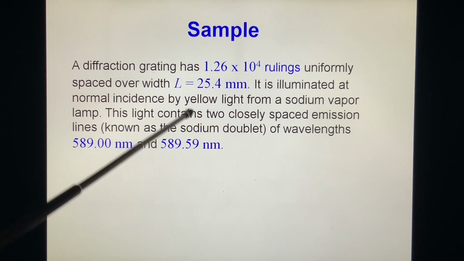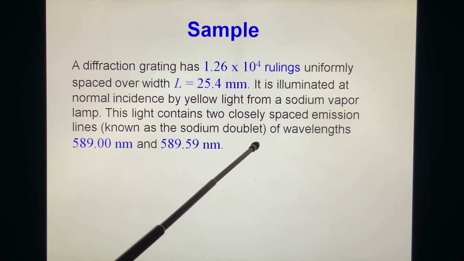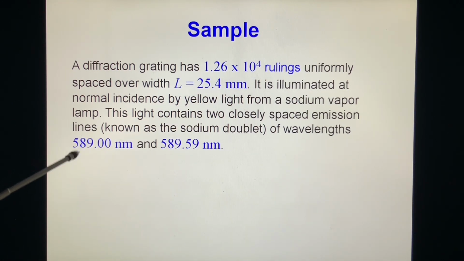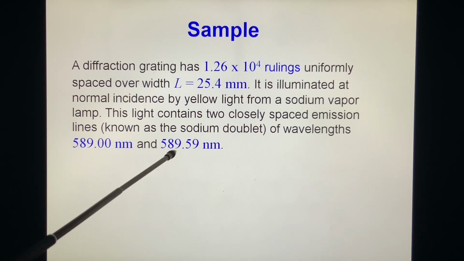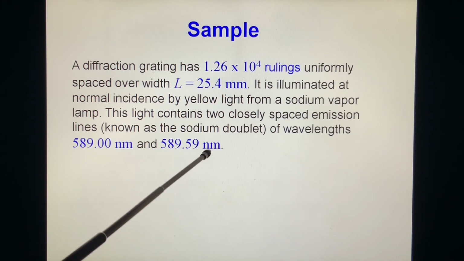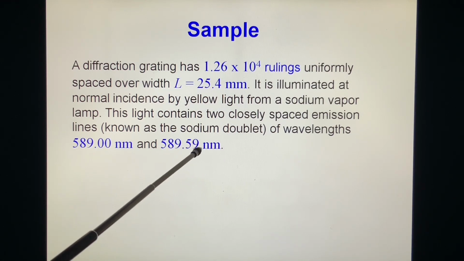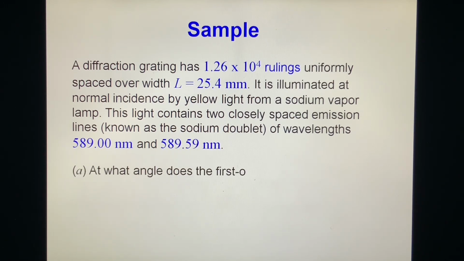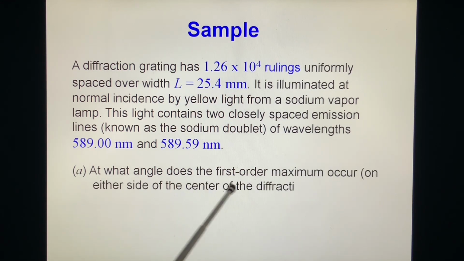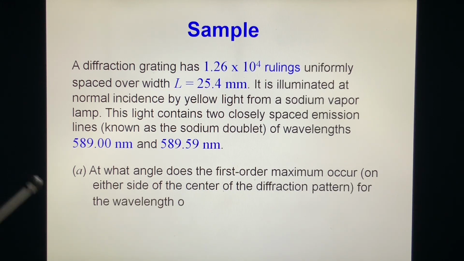This light contains 2 closely spaced emission lines, known as the sodium doublet, of wavelengths 589.00 nanometer and 589.59 nanometer, only 0.59 nanometer difference. A: At what angle does the first order maximum occur on either side of the center of the diffraction pattern? For the wavelength of 589.00 nanometer.